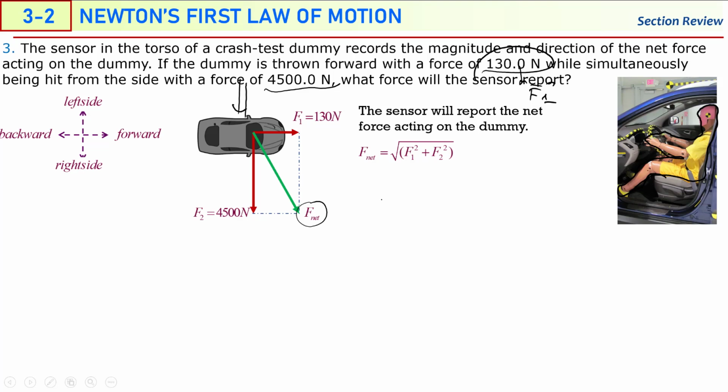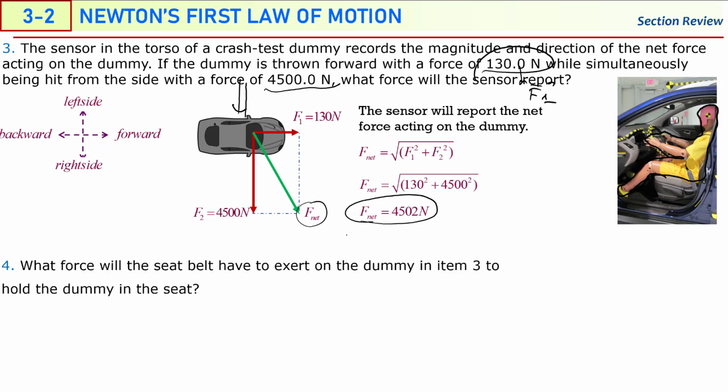F1 is 130, F2 is 4,500, square them, and after that get the square root. The net force acting on the dummy is 4,502 newtons. Then we can say that the sensor will report a net force equal to 4,502 newtons.